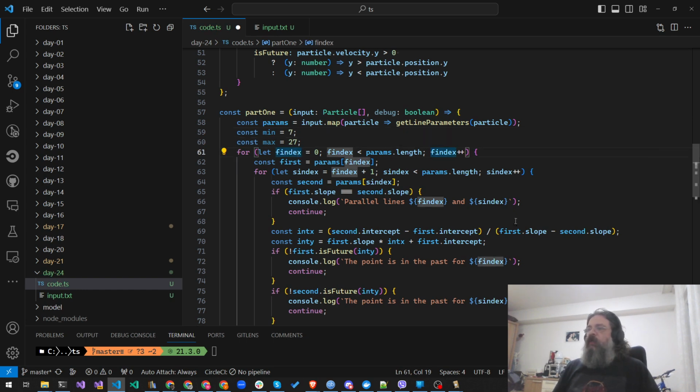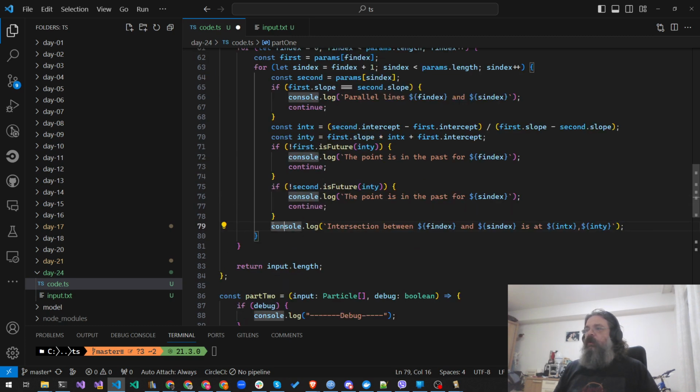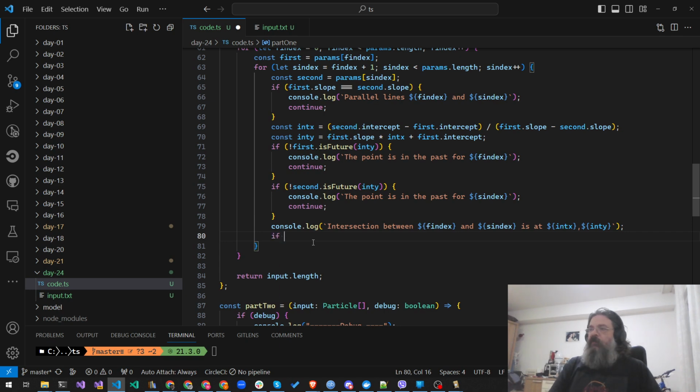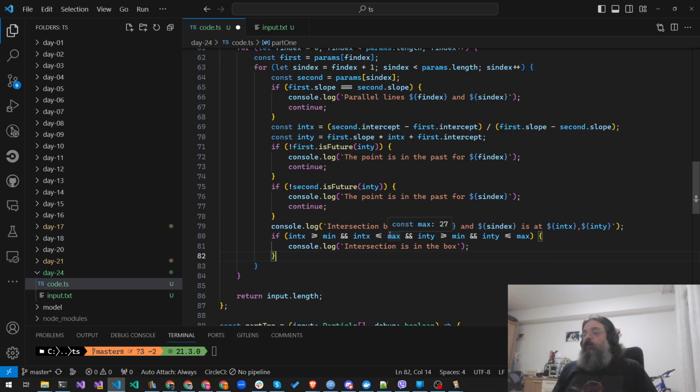And that means that when we get to the intersection, we just need to say if int x is bigger or equal to the minimum and it's less or equal to the maximum, and the same goes for y, then the intersection is in the box.